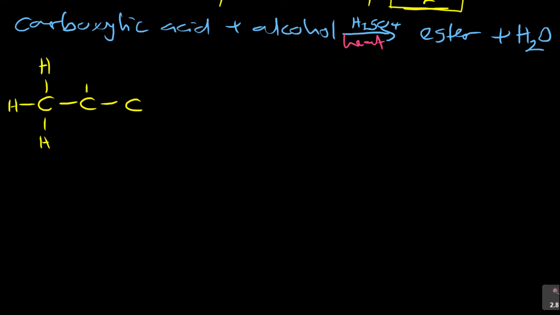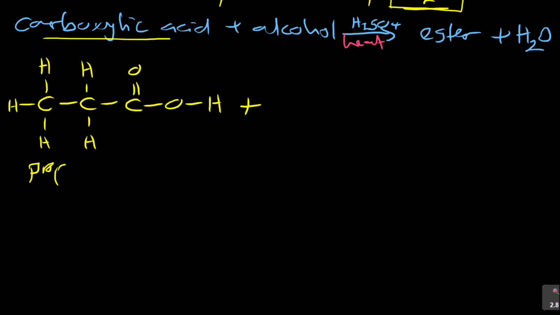So this is that propanoic acid. Remember the functional groups, O, H. You need to know that. Plus, for the carboxylic acid, I said this is propanoic acid. Plus alcohol.